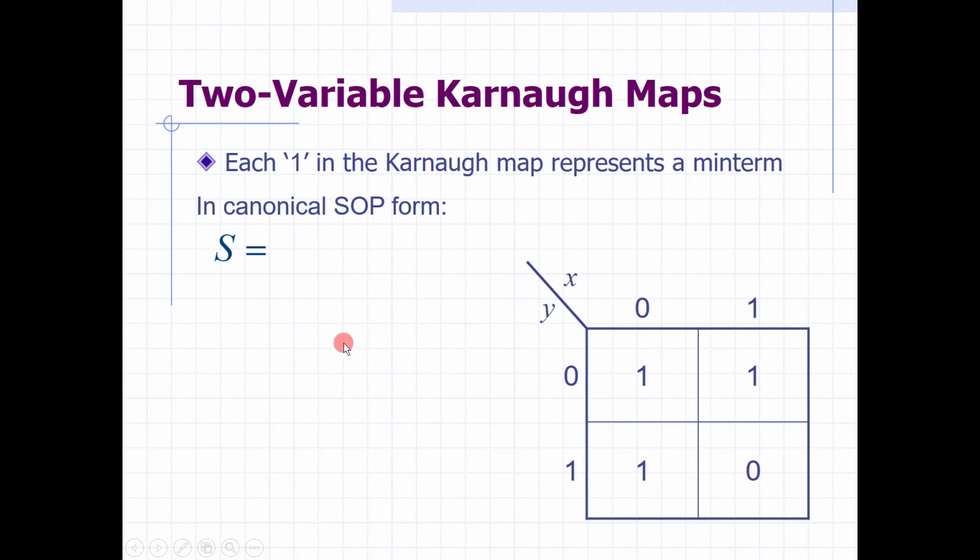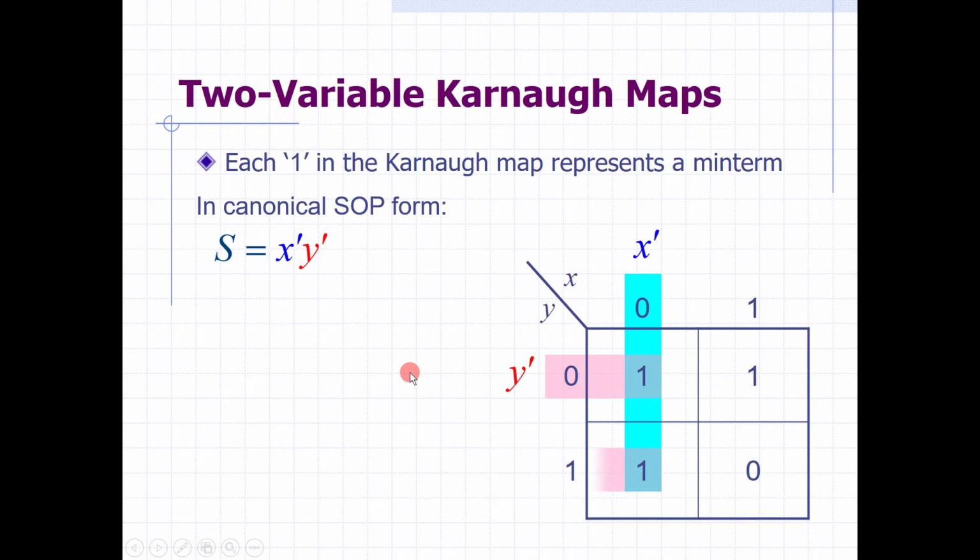But we can do better than that canonical form from this Karnaugh map. We can actually start to simplify. But just so we can get a feel for how we could maybe read one of these things, if I wanted to get the SOP canonical form from this, I would look at this. You remember, you look at the ones, and x is 0 there and y is 0 there. So we write that as x naught ANDed with y naught.